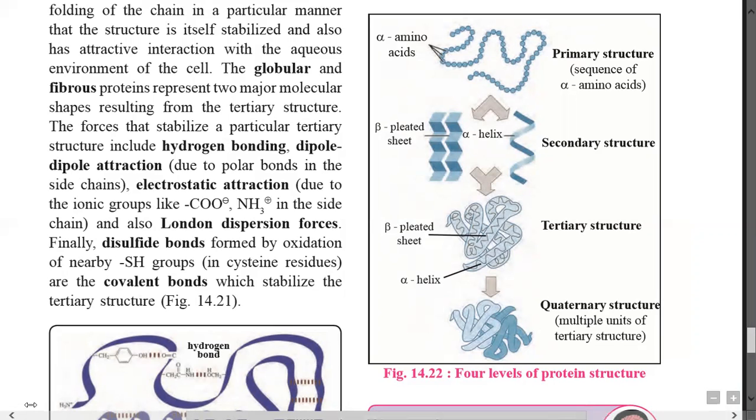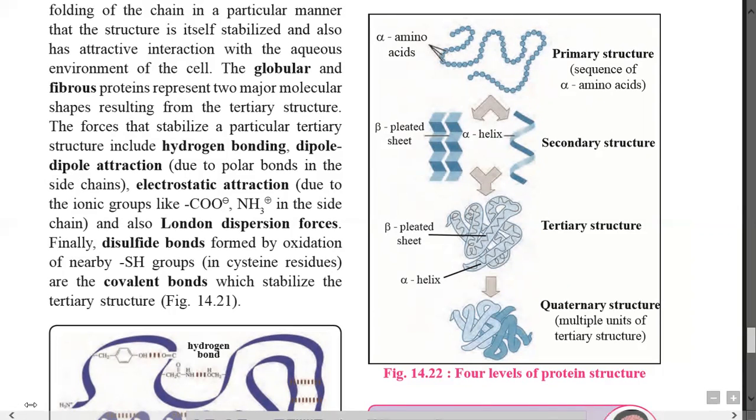So this is the primary structure that shows the sequence of alpha amino acids. These are joined together to form the primary structure. In the secondary structure, this polypeptide chain is called the alpha helix, and these polypeptide chains are called the beta pleated sheet. We have studied all these structures.